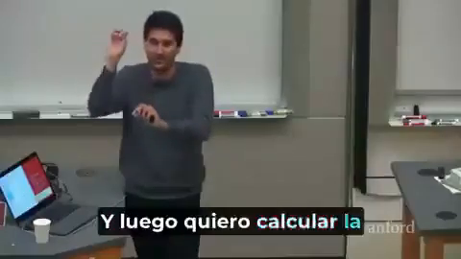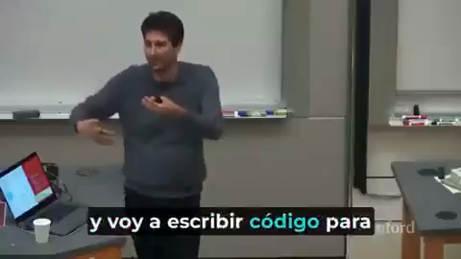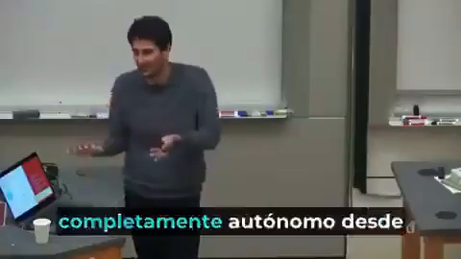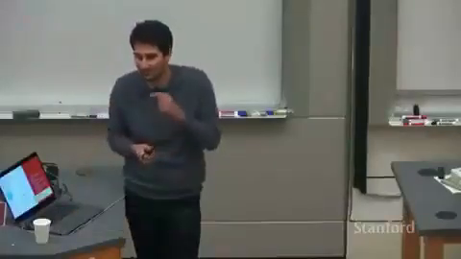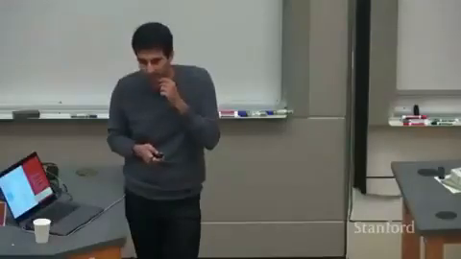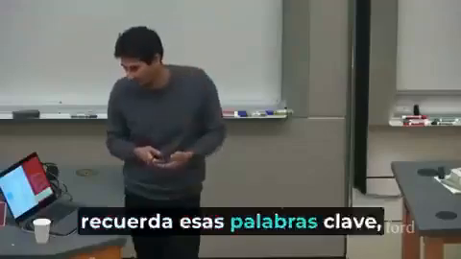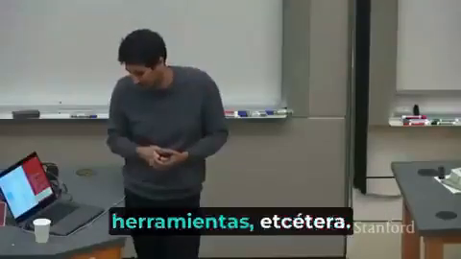And then I want to calculate the distance between the airport and that hotel versus that hotel, and I'm going to write code to do that. So it's actually fully autonomous from that perspective. Okay? So yeah, remember those keywords: memory, prompts, tools, etc.